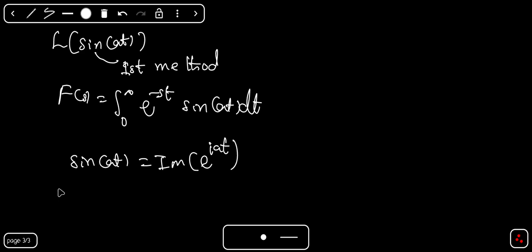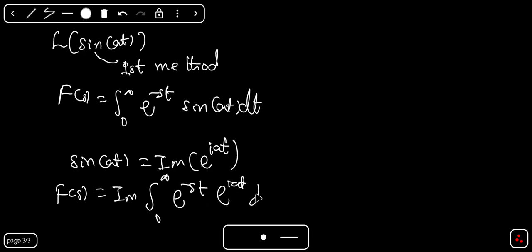So we're going to have F of s equal to the imaginary part of the integral from 0 to infinity of e raised to the power of minus st, multiplied by e raised to the power of iat, dt. Okay, now moving on.